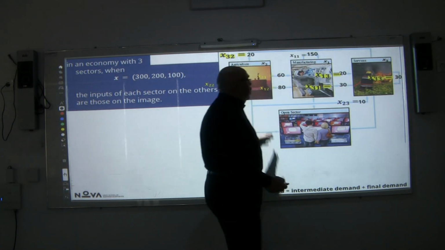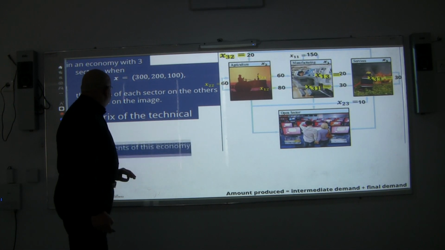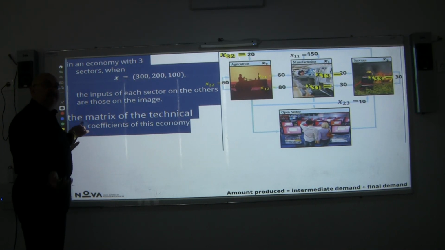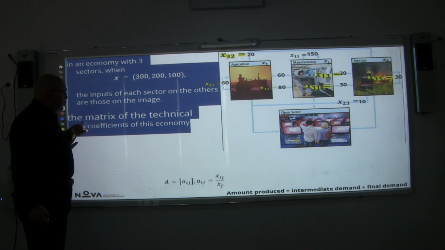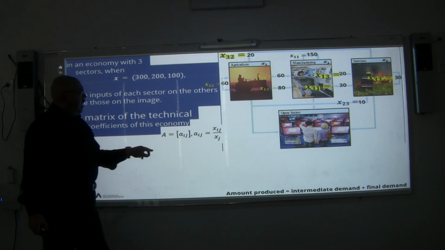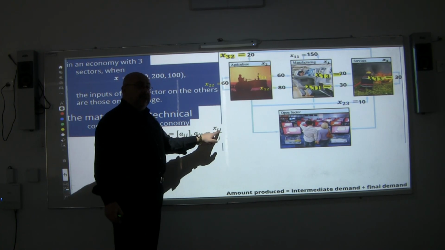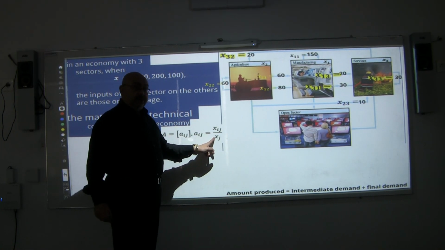The difference is that all these amounts, I'm going to use them one by one. So let's get the ratios that will help you get the A matrix, which is the intermediate demand. It's very simple. I will divide each Xij by Xj, the total amount that will be produced.